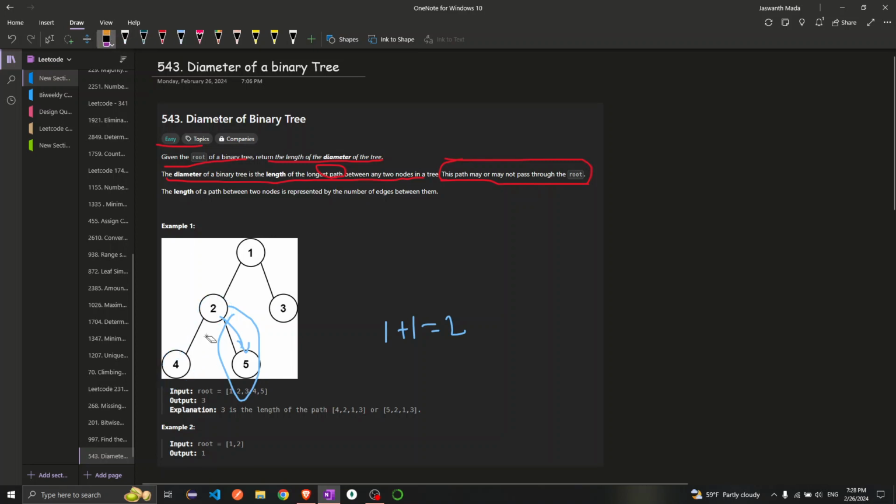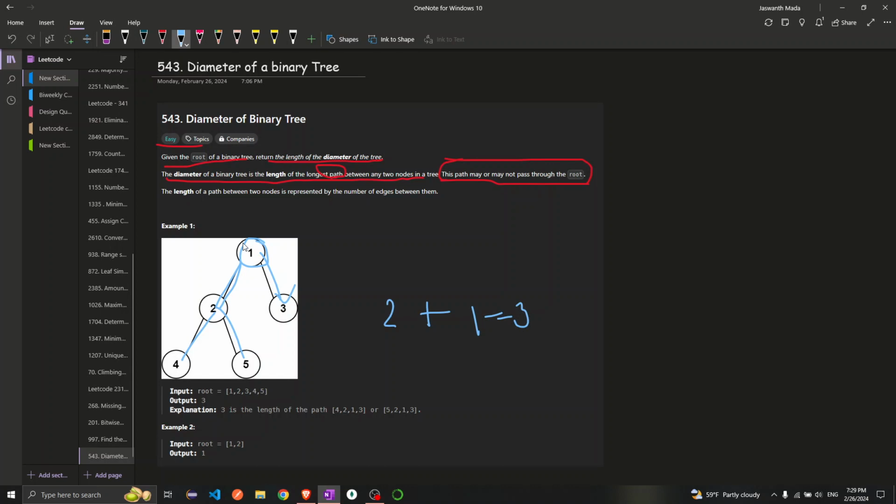So let's look at another example. If we take this node, what is the height of left subtree? It is 2, right? Either way, we only have the left subtree height as 2 plus the height of right subtree, which is only 1, so 3.